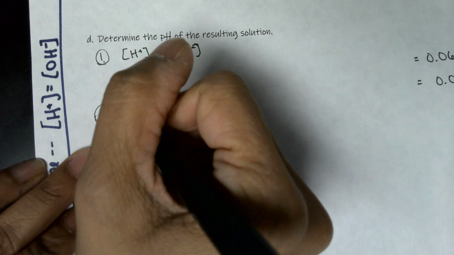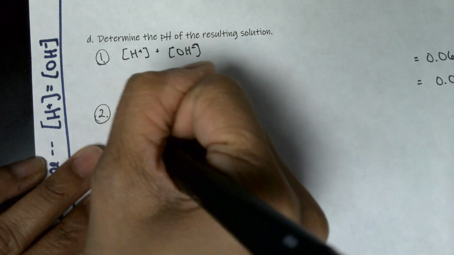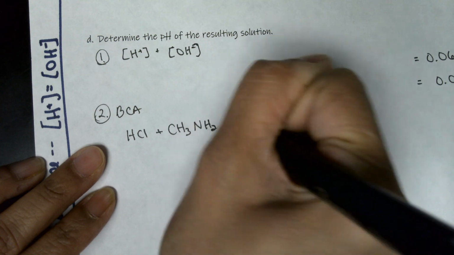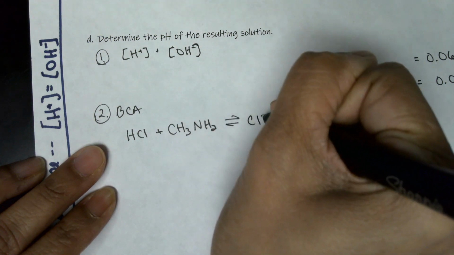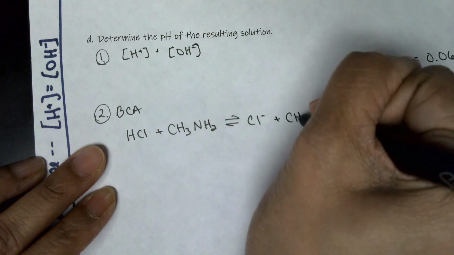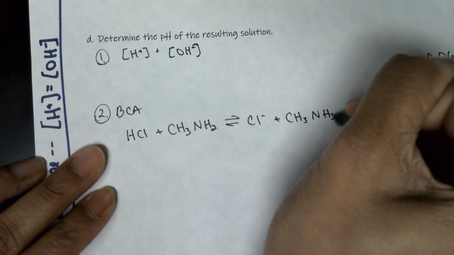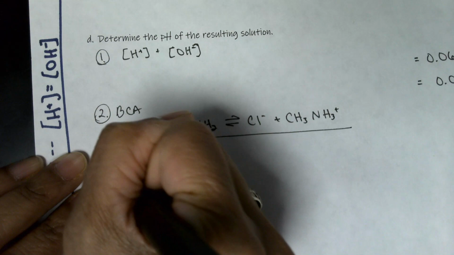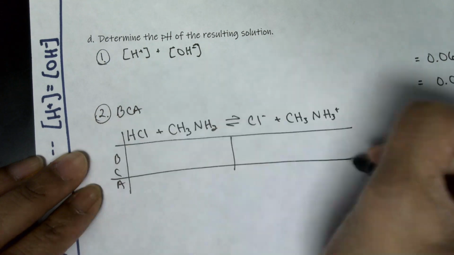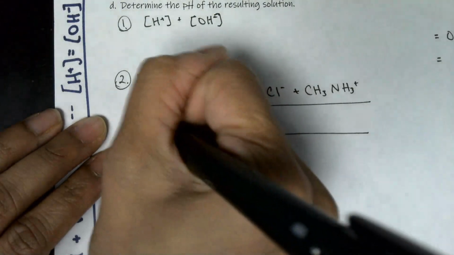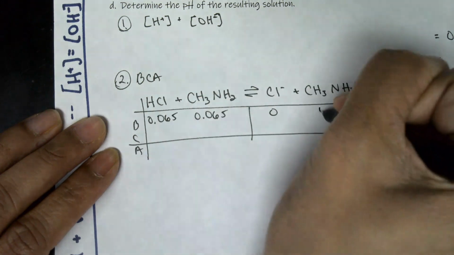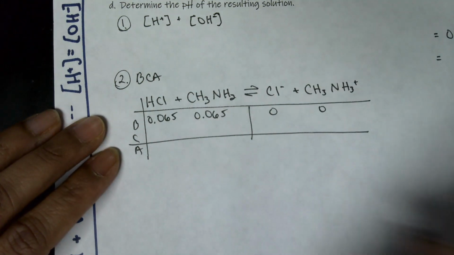And your BCA, you have HCl, CH3NH2 in equilibrium with Cl minus and CH3NH3 plus. BCA. All right, so we have 0.065, 0.065, 0, and 0 for each of these.